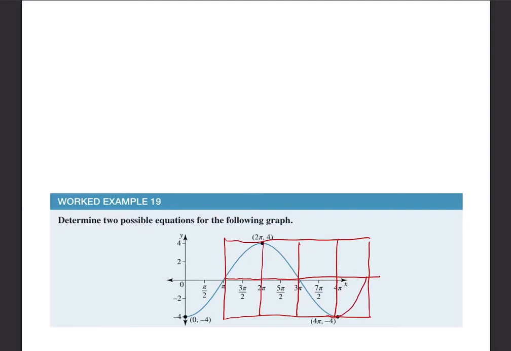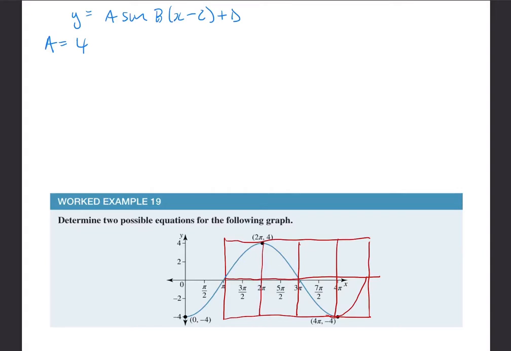Now, we can see that my period is still the same thing. So if I look at sine, I'm going to say y equals a sine of bx minus c plus d. Amplitude is still 4. It's positive, so it's not reflected.